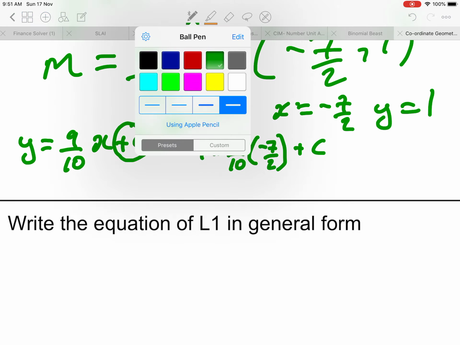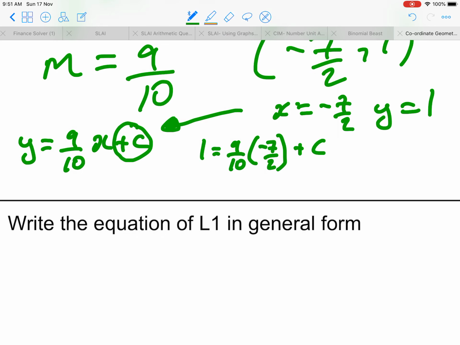Okay, let's see if we can change the width of my pen. There we go. Okay, so when we crunch this out, we've got 1 equals negative 63 over 20 plus c. c is equal to 1 plus 63 over 20.